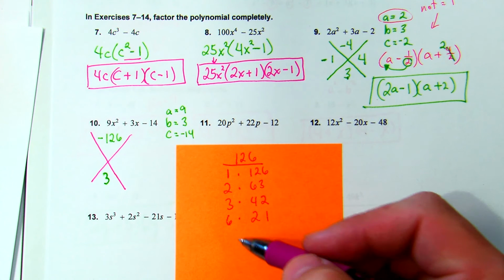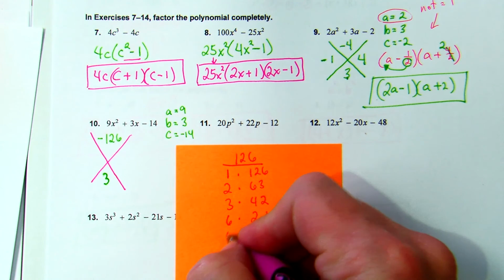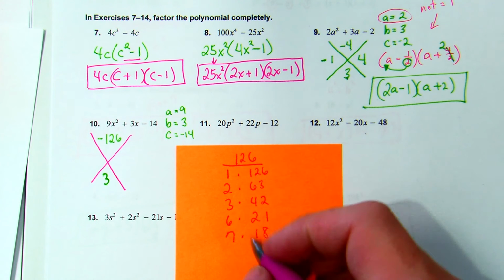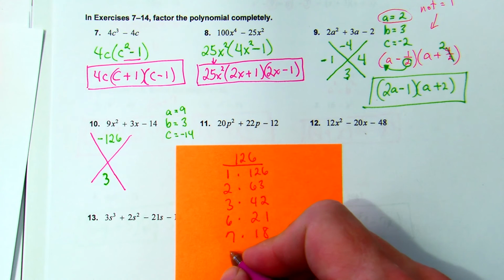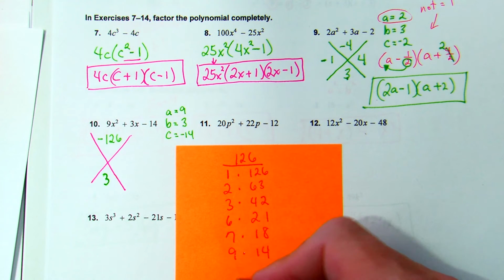We can't do 7. Can we do 7? Yeah, we can do 7. 7 and 18. And then we've got 9 and 14. And that gets us about as far as we can.